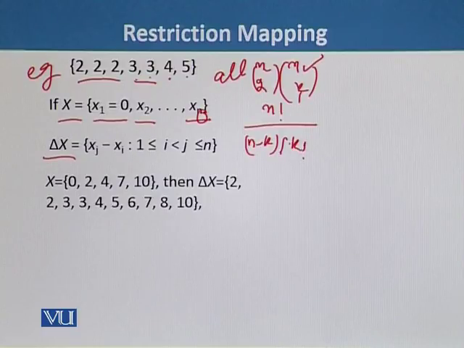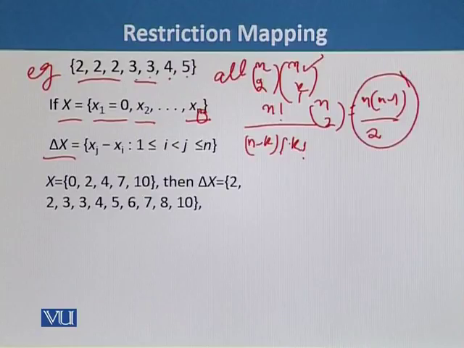In particular, n choose 2 is n times n minus 1 divided by 2.